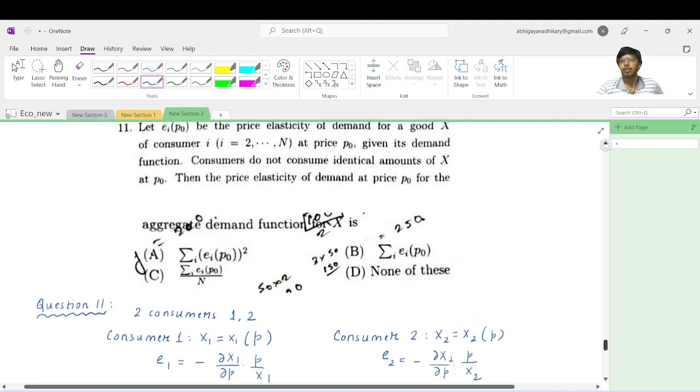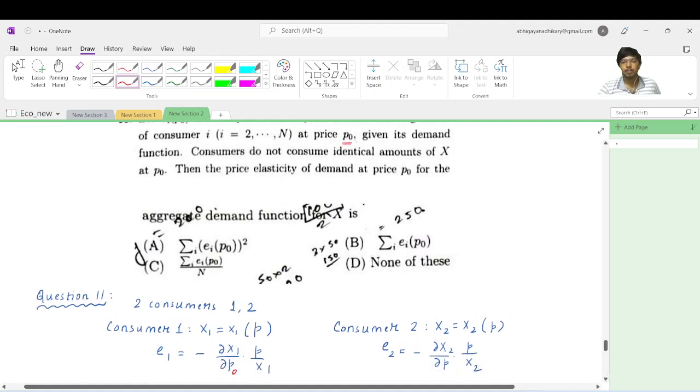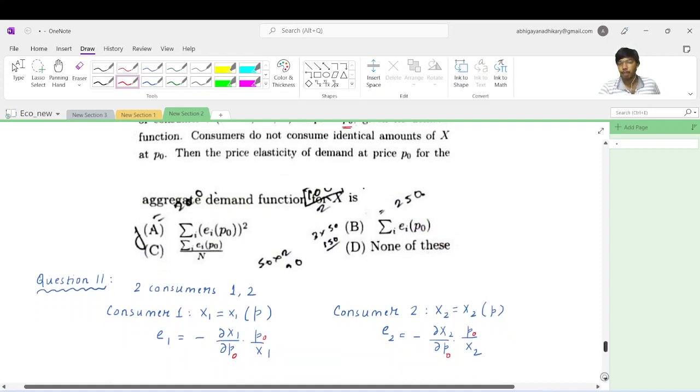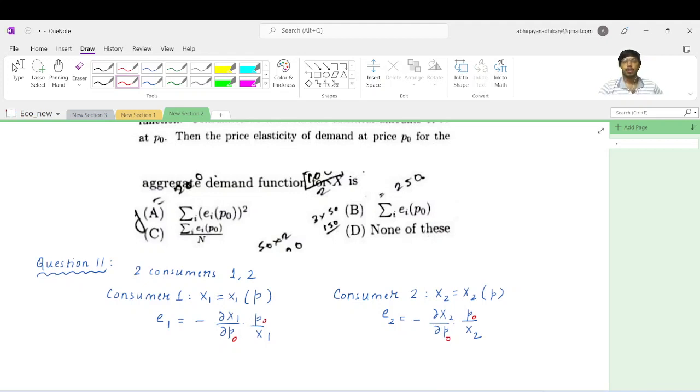Over here the question mentions a fixed price P naught. We can put P naught here as well, or even if you don't, that doesn't really matter, as we'll see. So these are the two elasticities of demand for the demand curves of the two consumers.